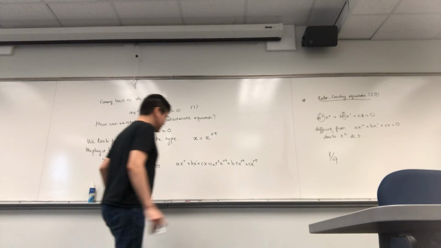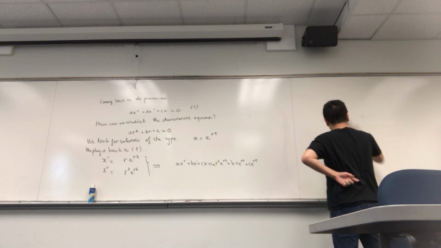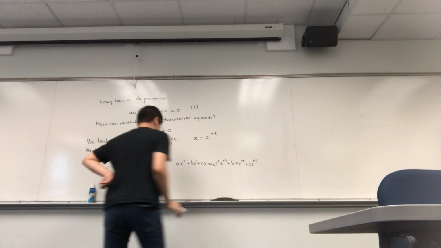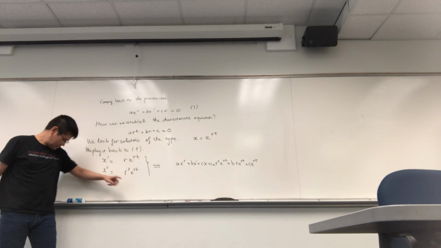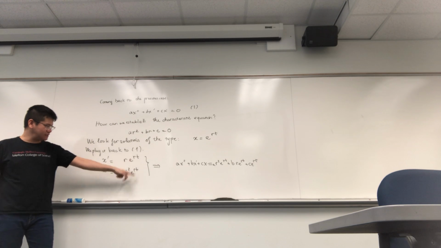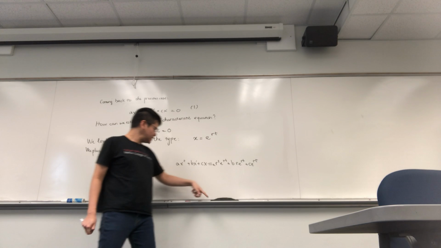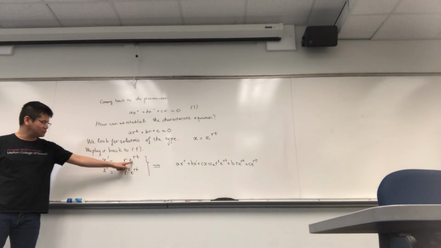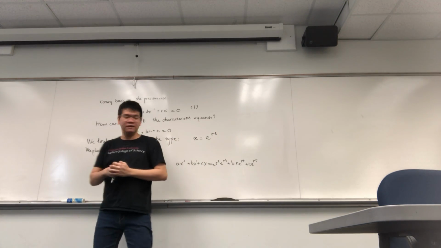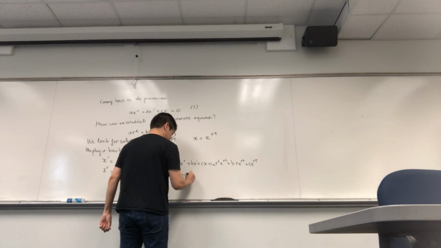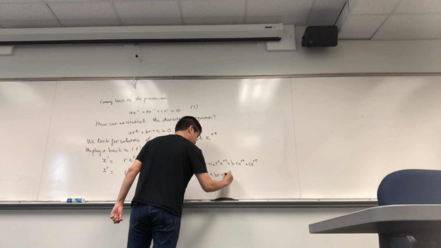All right, so let us come back to this equation. You have ax second plus bx prime plus cx. You plug x second to be r squared e to the rt, which gives you a r squared e to the rt. For x prime you plug r e to the rt, and you get b r e to the rt plus c e to the rt. Now you put e to the rt as a common factor, and you see the characteristic equation.